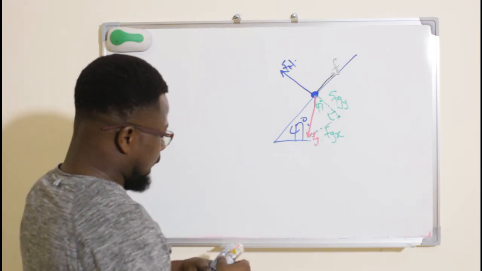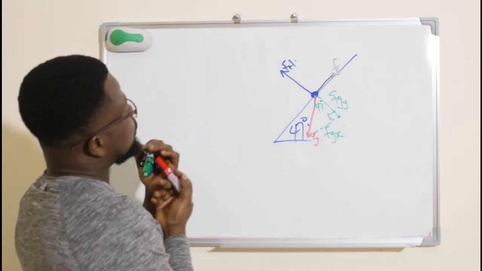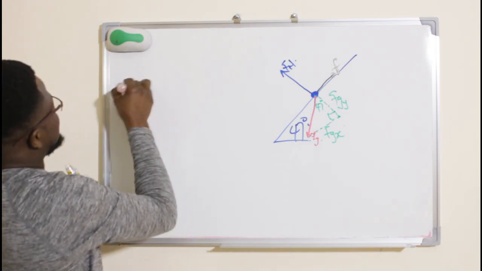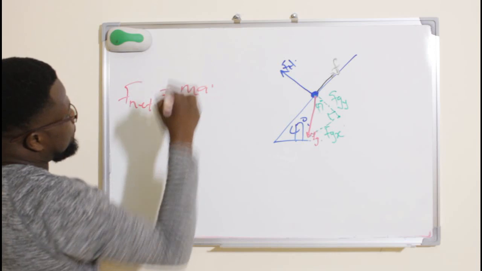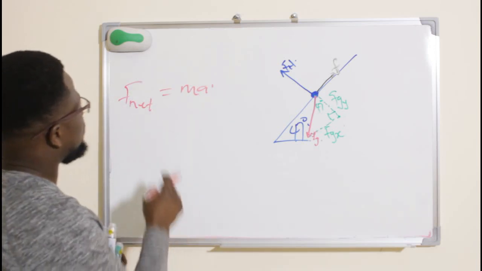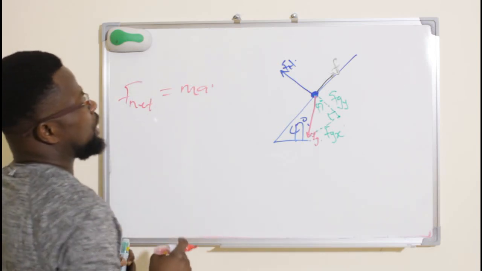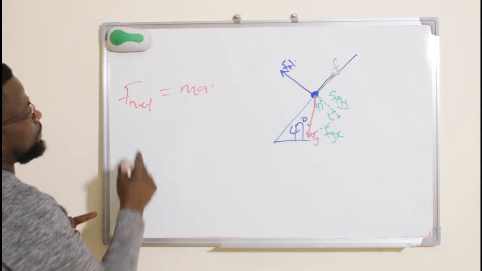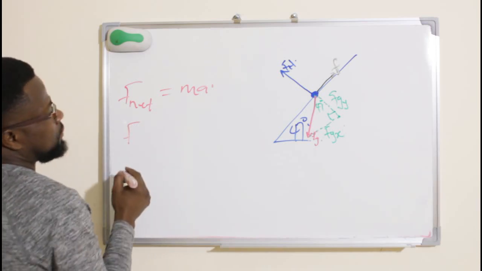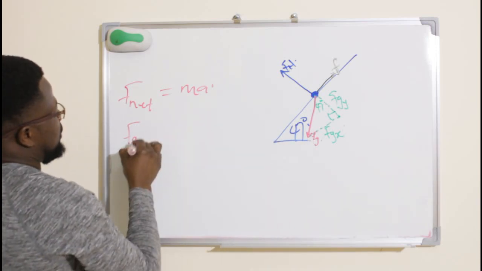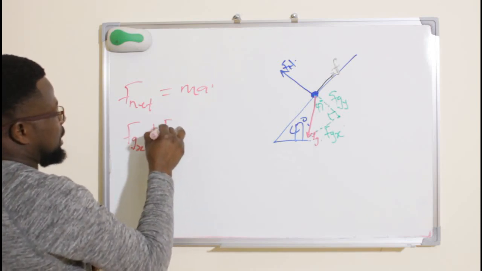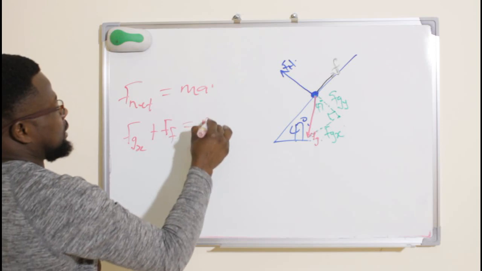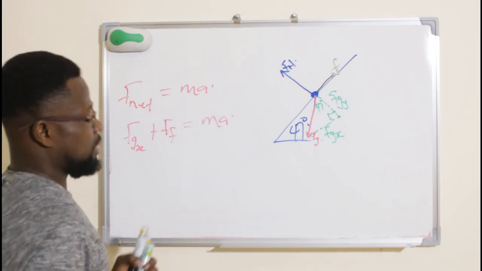So let's put that into the calculation. I state Newton's second law. The net force is simply FGX plus the frictional force, and that is equal to ma.